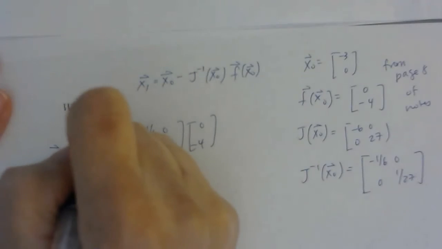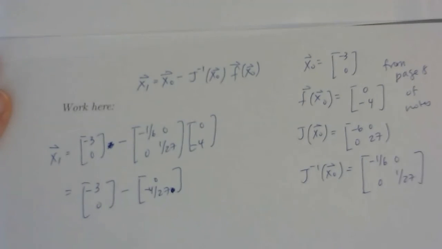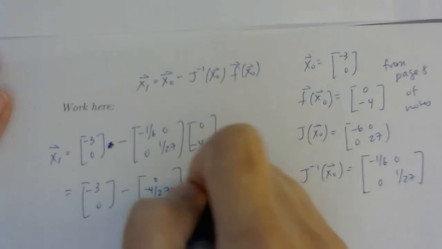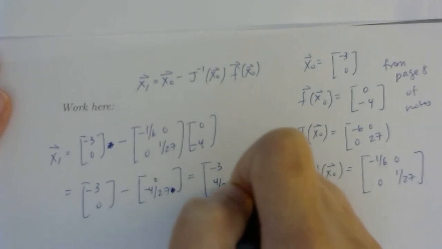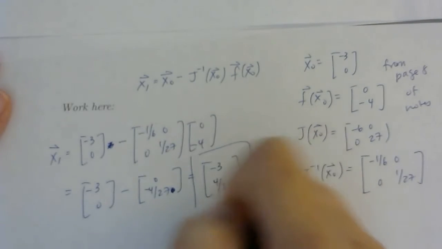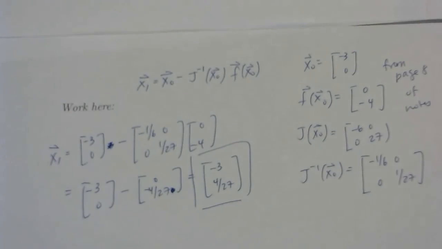Oops, sorry, -3 is our x0 actually. So the answer is -3 and then 4/27 because of the 2 minus signs. So that's some vector. Those are some numbers.